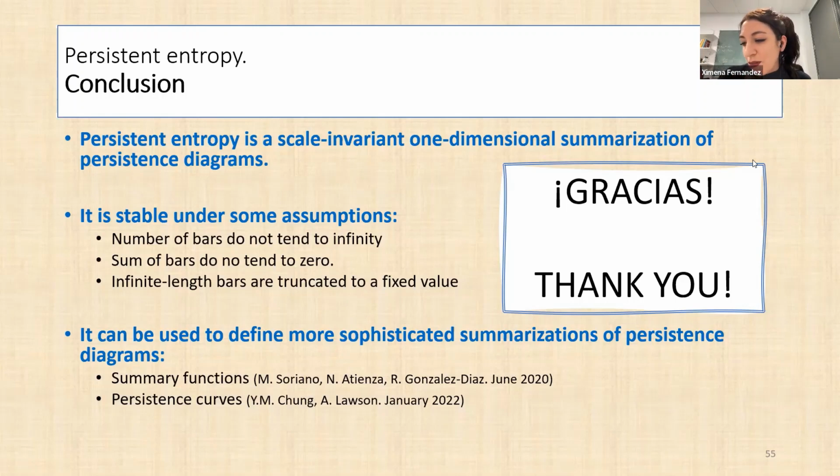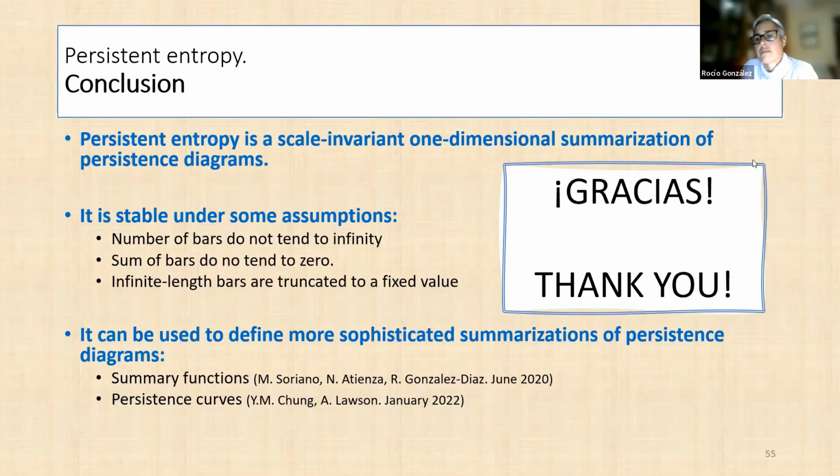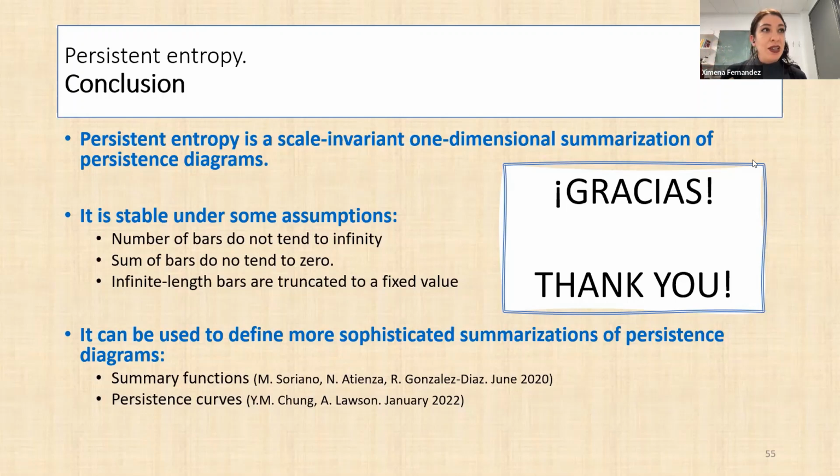I am working on an application for persistent entropy with time series coming from electroencephalograms. When you have an epileptic seizure, there is a different joint behavior of the signals, and the entropy really changes when you have this kind of different correlation between the different signals. So is there any easy way to interpret this number in terms of the uncertainty?